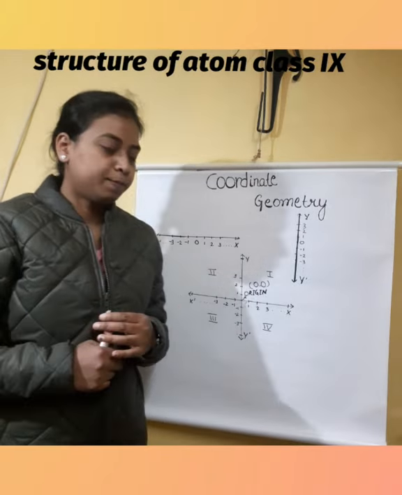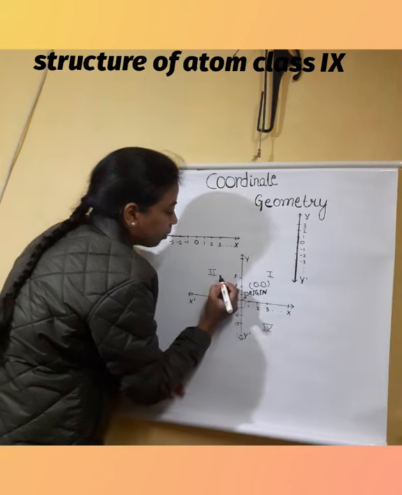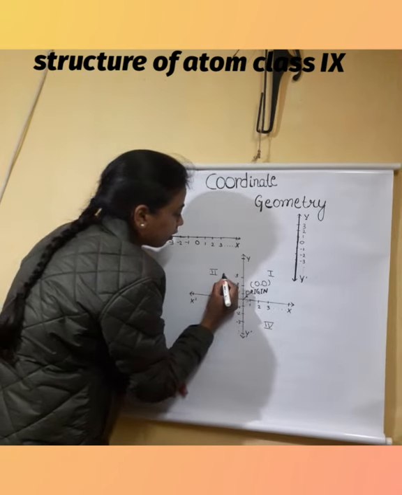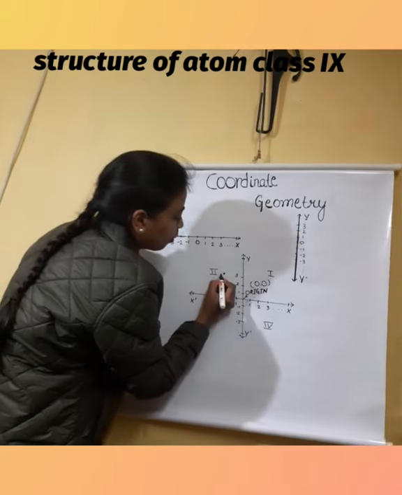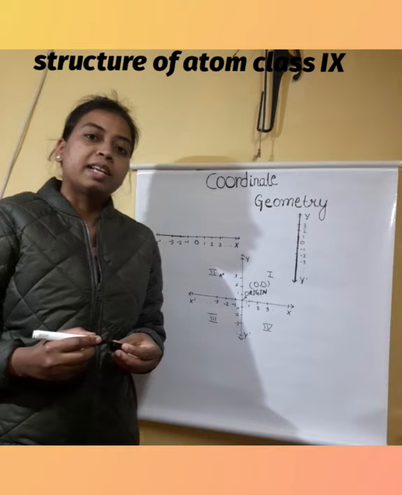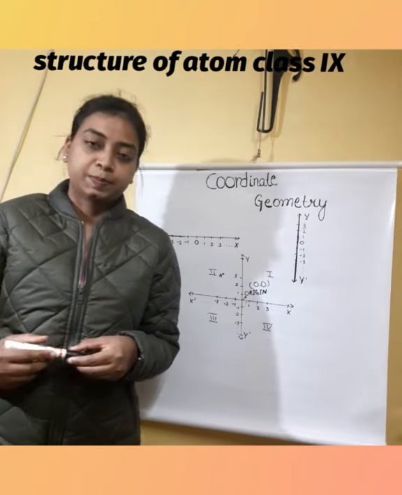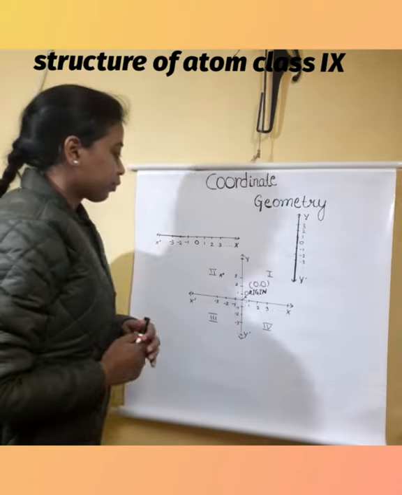Let's consider a point here. If a person is standing at a point A and you have to tell the position of that person, how can we find his position? Let's see.